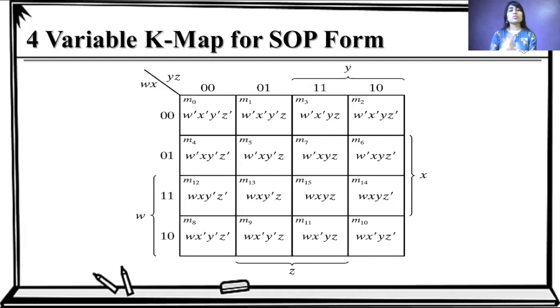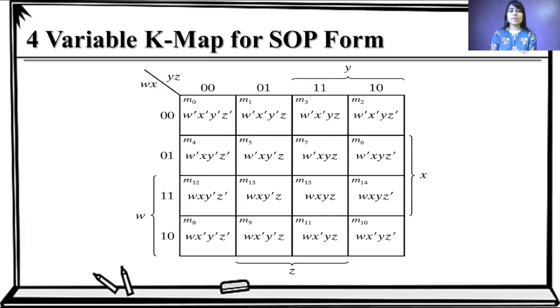So we have the terms 0 1 2 3 4 5 6 7, then 8 9 10 11 12 13 14 15. This is how we can write the decimal equivalent of each term in the K-map.